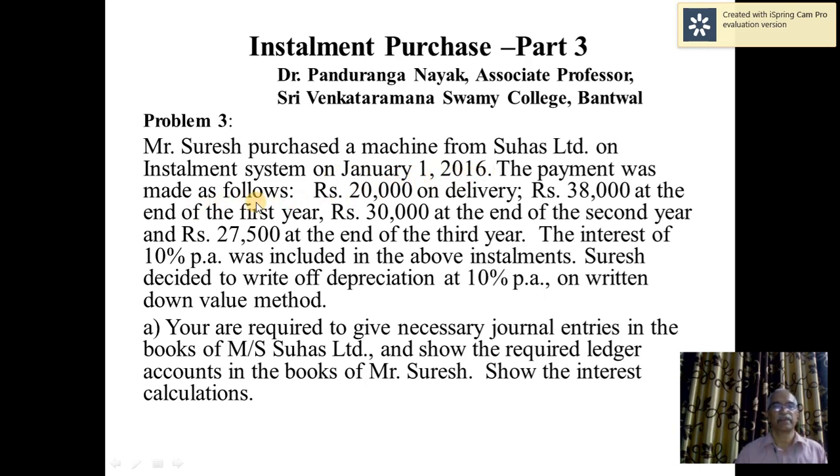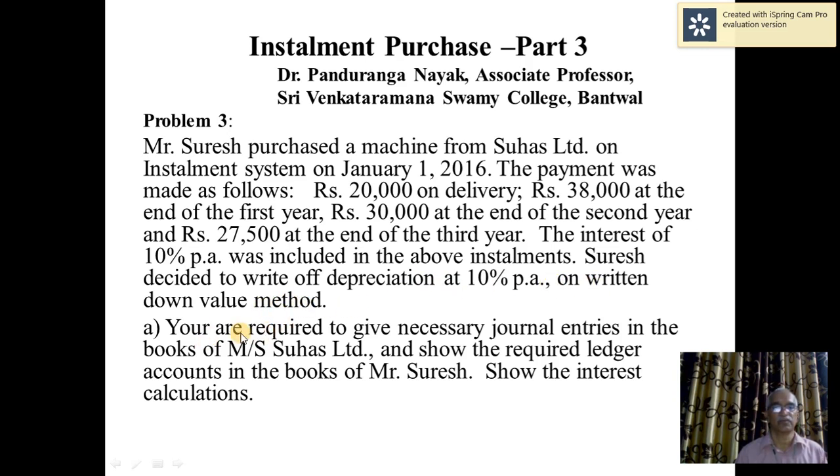The payment was made as follows: 20,000 on delivery, 38,000 at the end of the first year, 30,000 at the end of the second year, and rupees 27,500 at the end of the third year. The interest of 10% per annum was included in the above installments. Suresh decided to write off the depreciation at 10% per annum on written down value method.